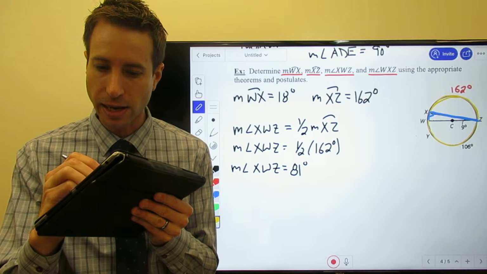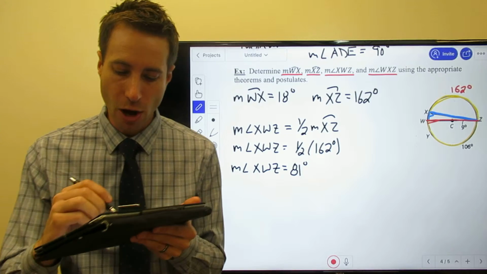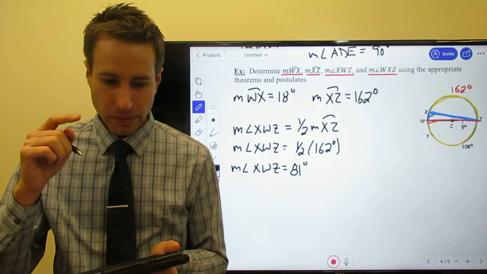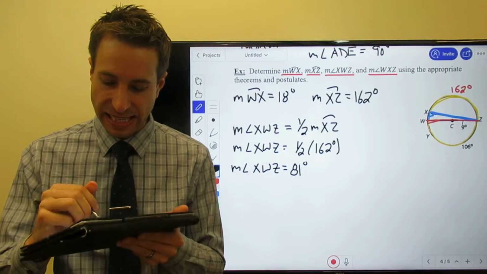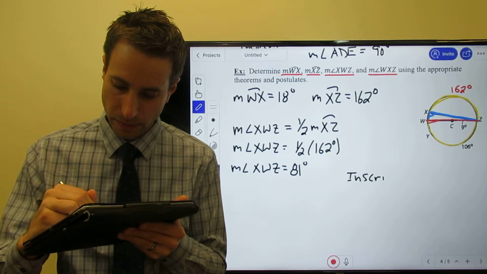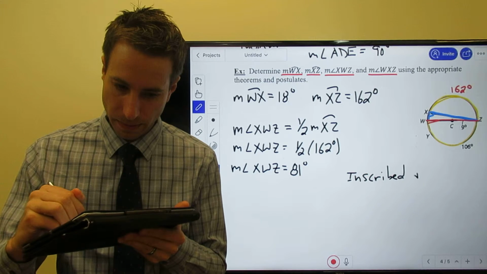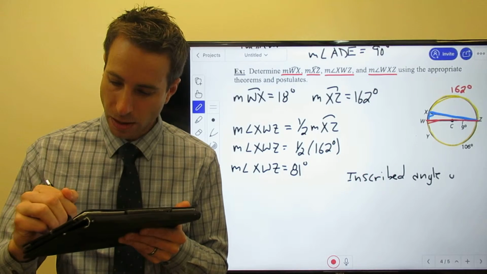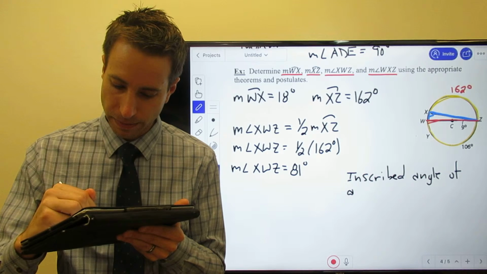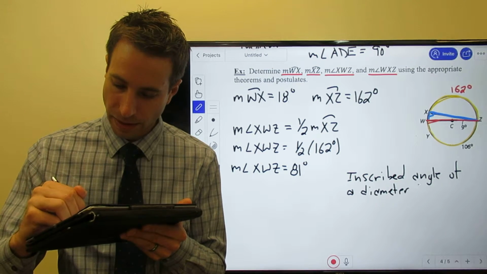I know that arc is 180 degrees, and just like in the problem above, what we see is the inscribed angle of a diameter theorem.